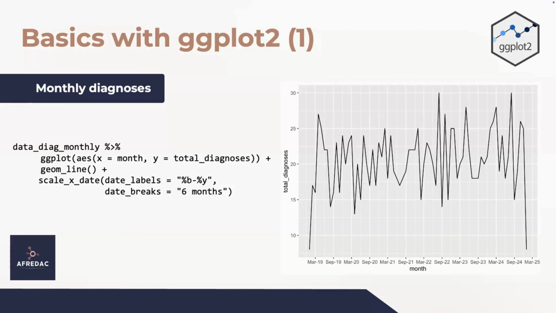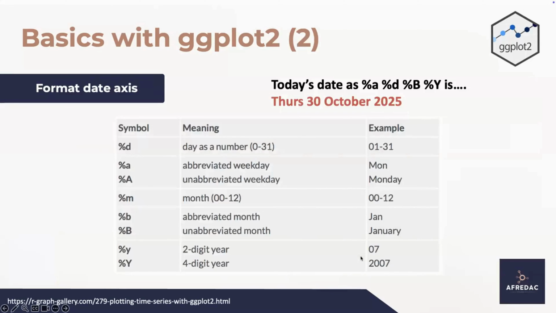You can perform such operations, but R will treat dates as its own thing. And because of that, the way you manipulate the date axis is using the function scale_x_date. Here we were formatting how that date axis looks and the breaks, how far apart each axis tick was. We said each axis tick should be 6 months apart, so that's what we're specifying here.